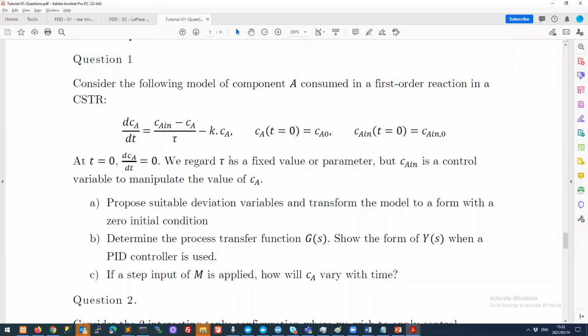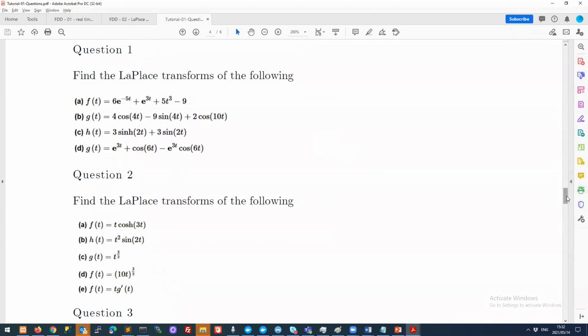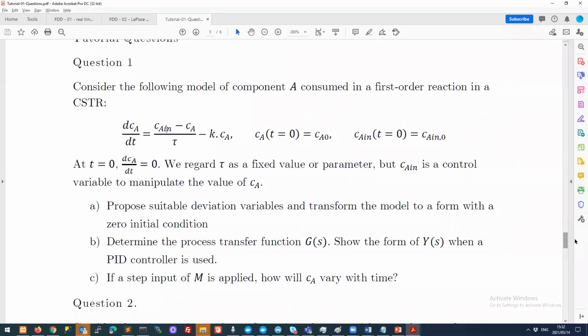Now, there's a couple of problems with having this form of equation to begin with, right? If you have an equation like this, you've got, first of all, an initial condition which is not zero. So if you have this non-zero initial condition, you are going to struggle. I should go back to the notes.